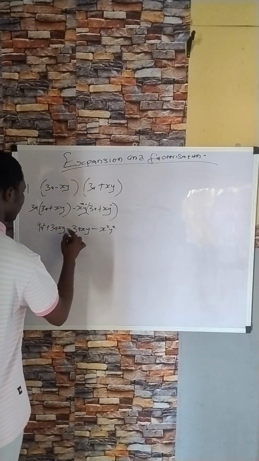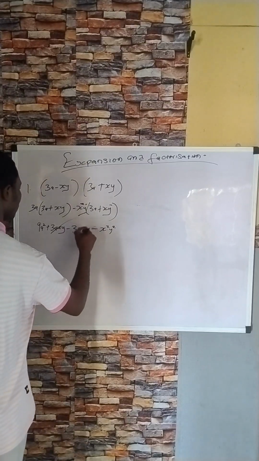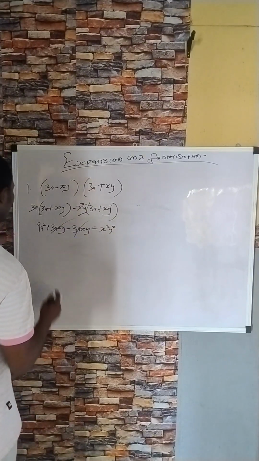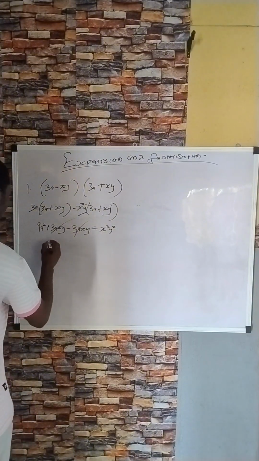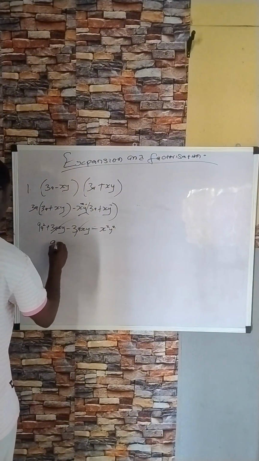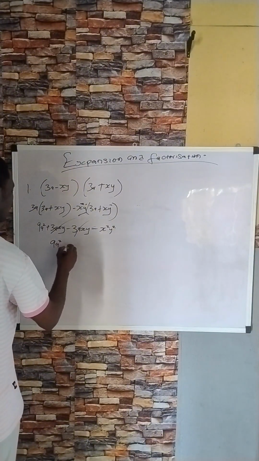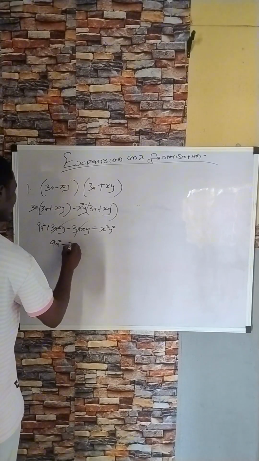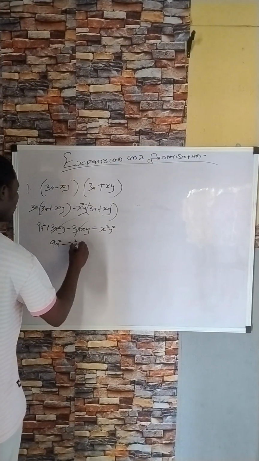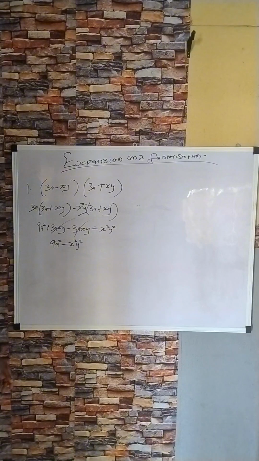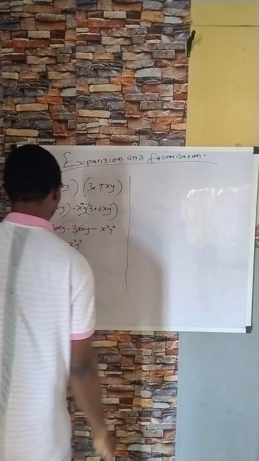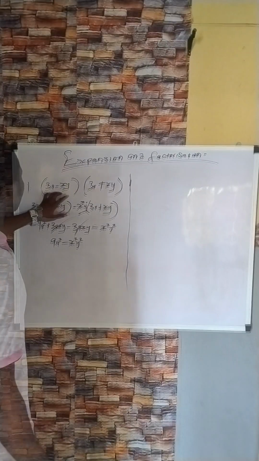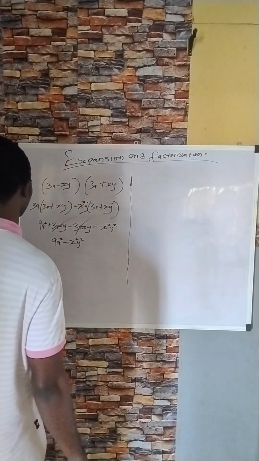There's a positive and a negative, so they cancel out and give you 0. What we'll have left is 9a squared minus x squared y squared. This is how you expand this given question.